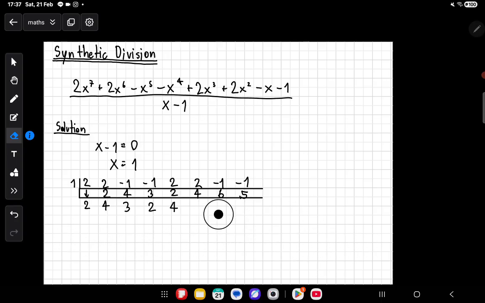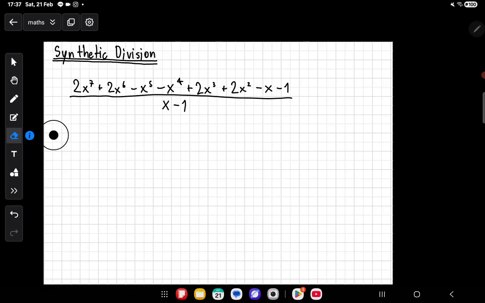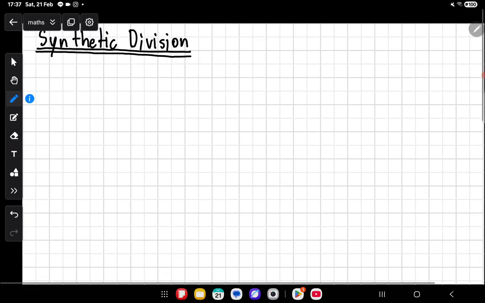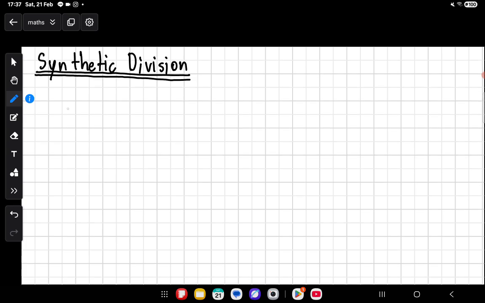Now, can we factor polynomials with this method? Let's try it out. So, let's have our example. x to the power 5 plus 2x to the power 4 minus x squared minus x plus 2.